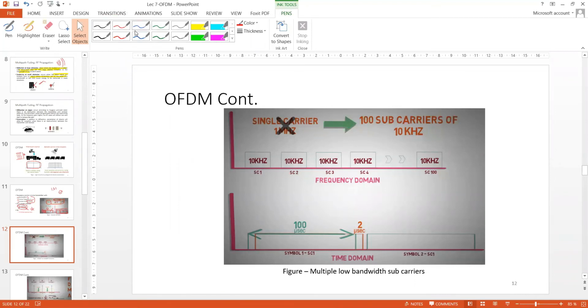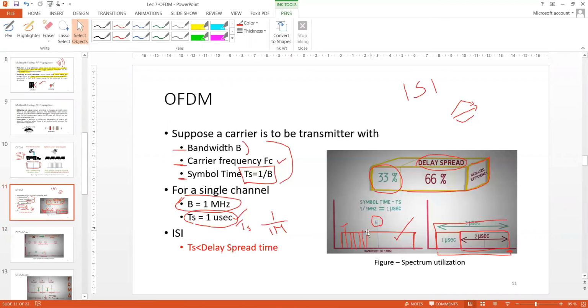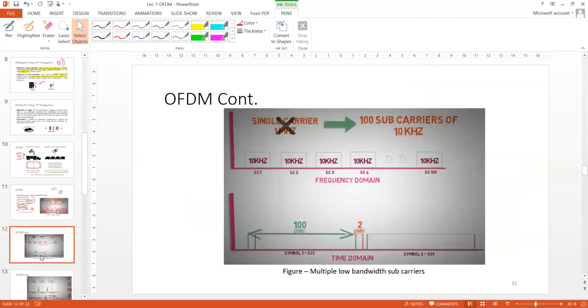Let's suppose you divide your bandwidth of 1 megahertz into relatively small channels, and you use different carriers to transmit information across each channel rather than utilizing a single carrier for your entire information. So how is it going to benefit you?